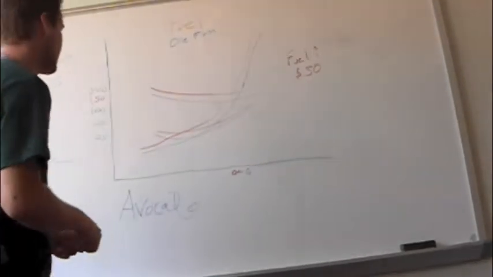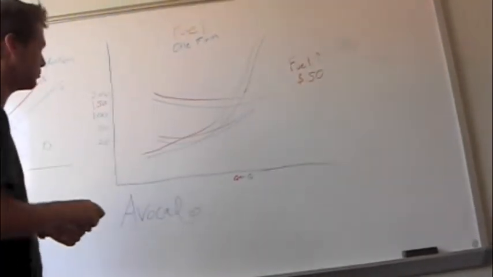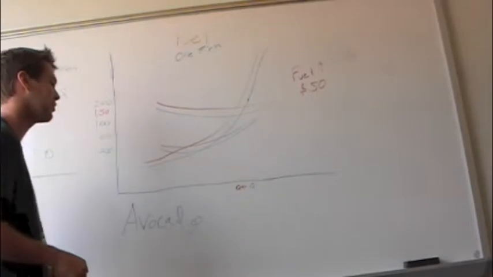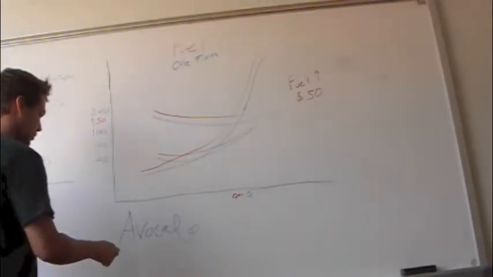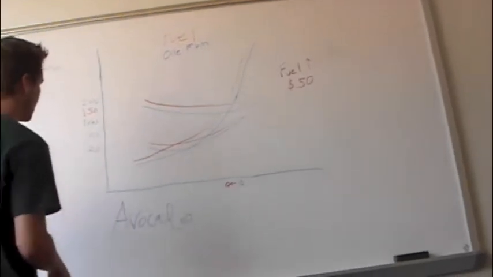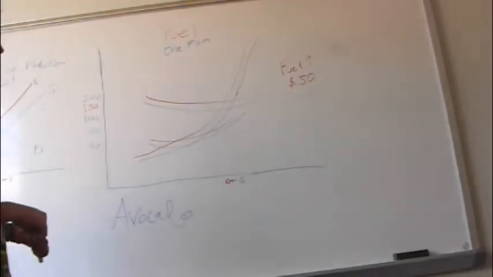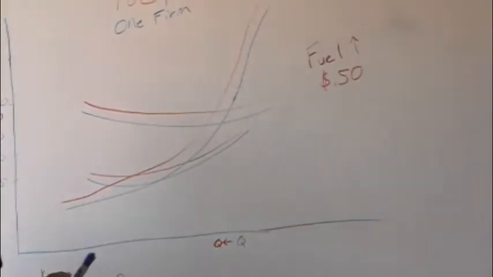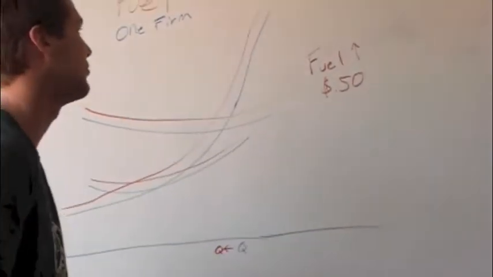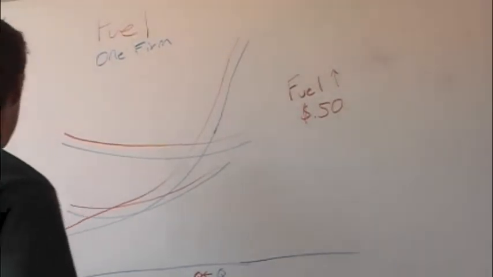Alright, so now we're going to see an example of our avocado market where there's a change within the market. So, first we start with our original market, where if we have a short-term plan, we might be able to have a fixed fuel, because in the market we see a 50-cent increase in fuel.